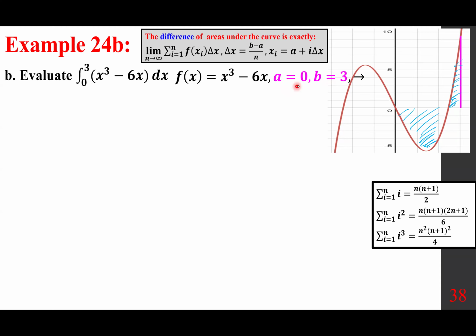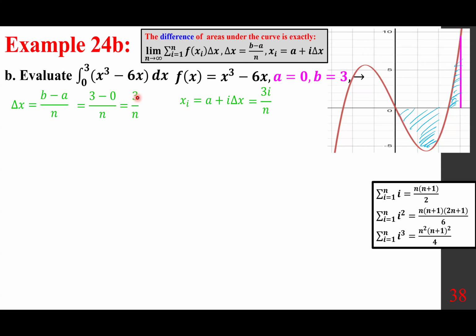Okay, everybody? So delta x is (b minus a) over n, 3 minus 0, that means 3 over n, and x sub i is a, which is 0, plus i times delta x. So i times 3 over n, 3i over n.